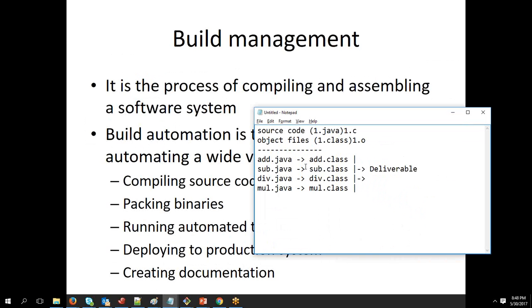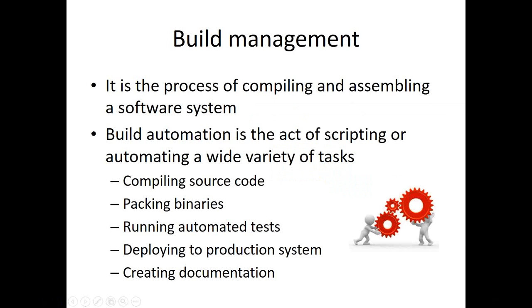Automating the whole process of compilation as well as creating the deliverable by assembling them is what we call build automation. Build automation is all about automating the process of creating a build for a project, which includes compilation automation as well as assembly, to ensure you create one or multiple deliverables.